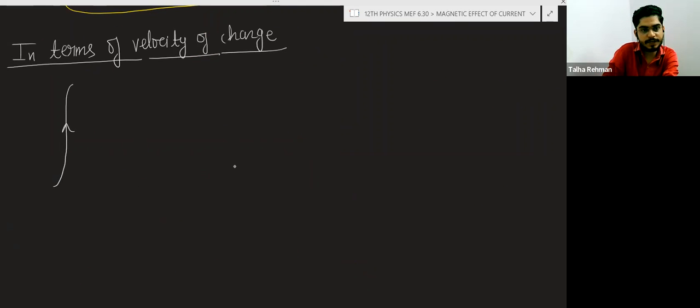Just remember that you are having a wire, and also a small length of the wire. You already know what is dl vector, and you already know what is position vector.